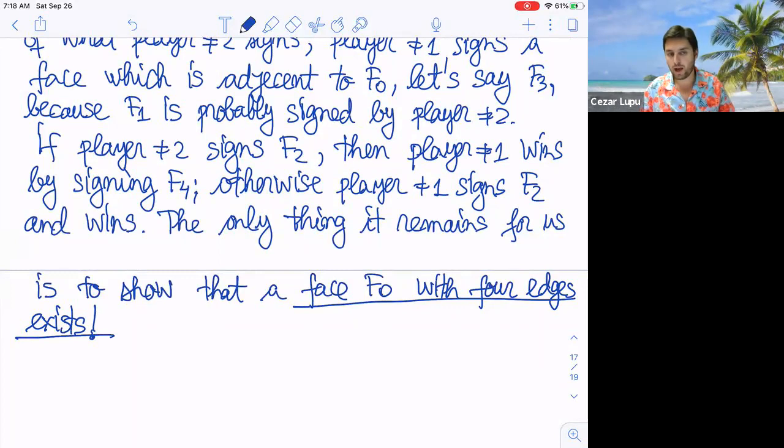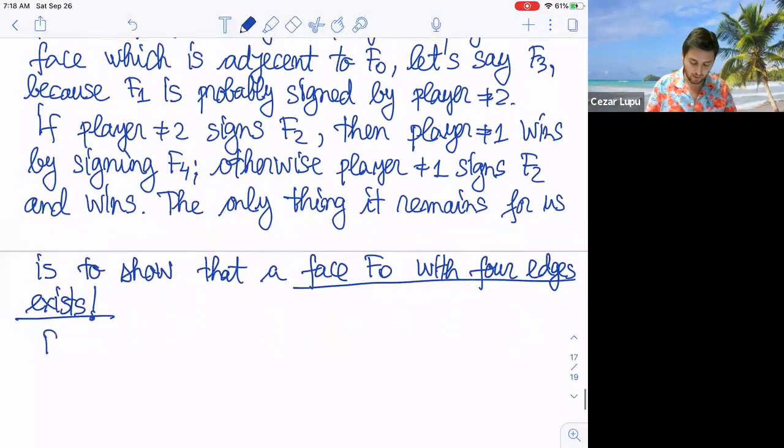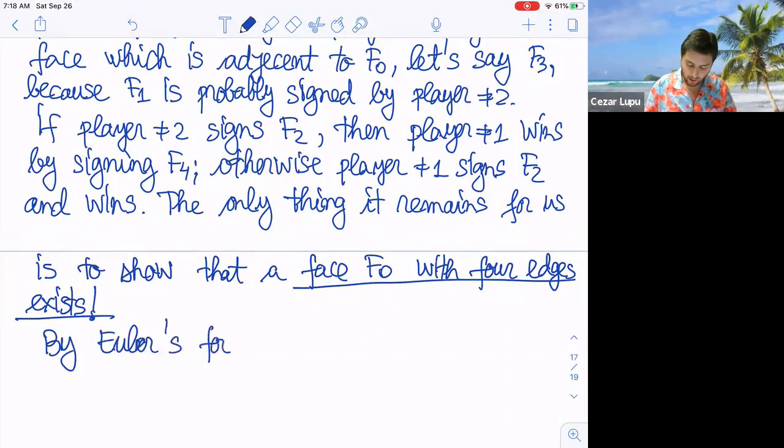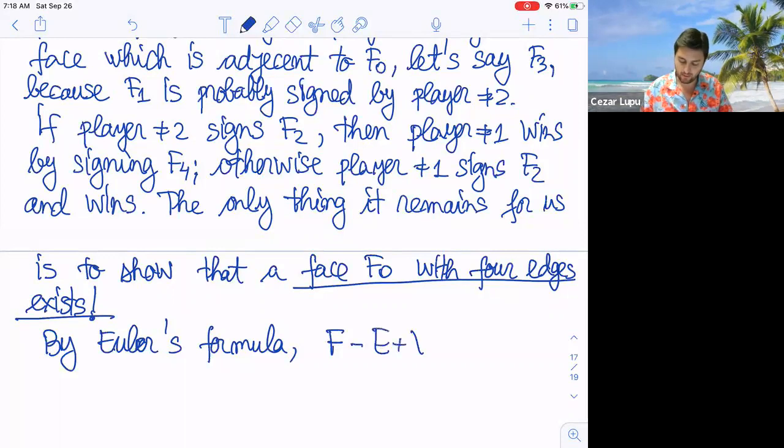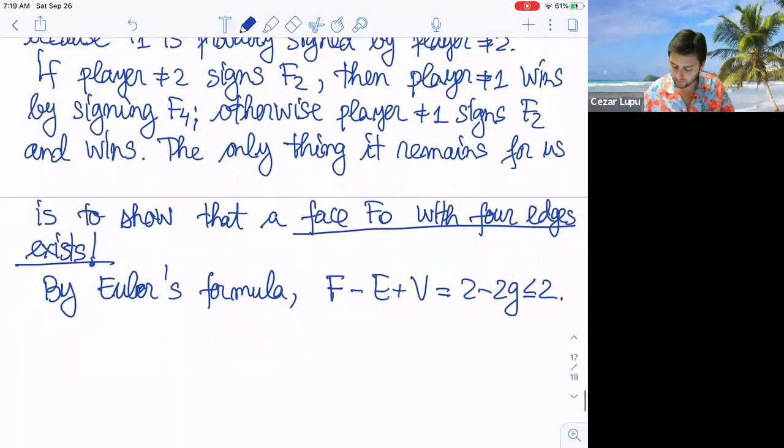So now we would like to take into account Euler's formula. So by Euler's formula, we have the following: f minus e plus v will be 2 minus 2g, so it will be less than or equal to 2.